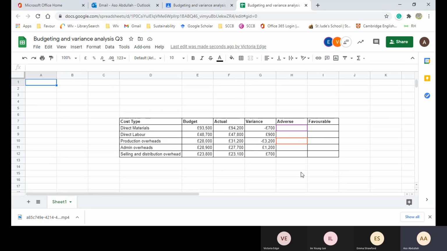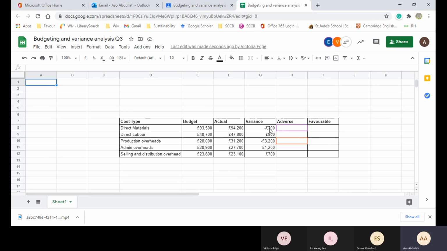Okay, just one point. Since we're only looking at the variances, the column should not be in negative.